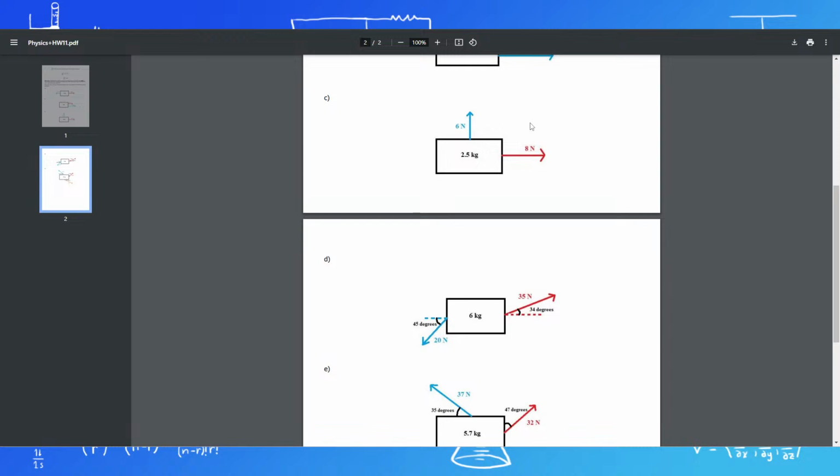So essentially, you could actually experiment with this at home if you were precise enough. You could push this box with an 8 Newton force to the right and a 6 Newton force upward, and then compare that to just pushing that same box with a 10 Newton force at the appropriate angle.